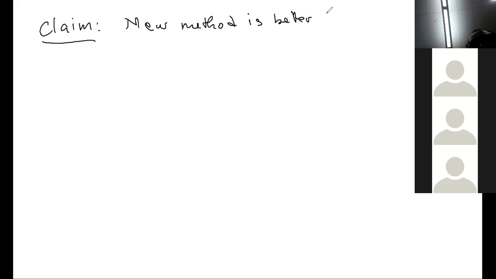The new method is better than the old, so we are saying that P is greater than 0.3, the proportion of success of surgery.